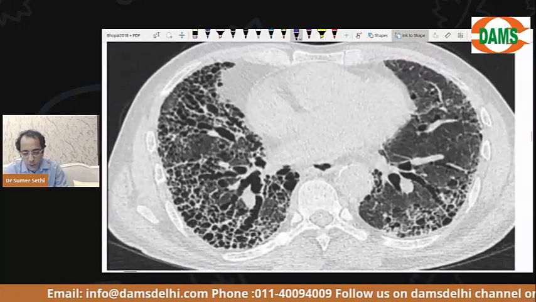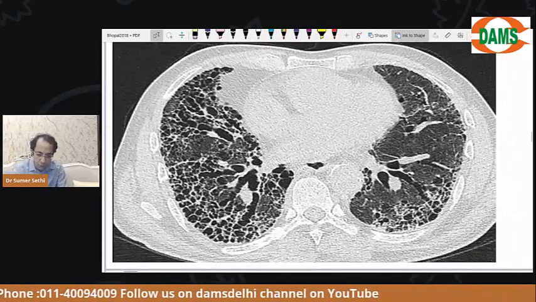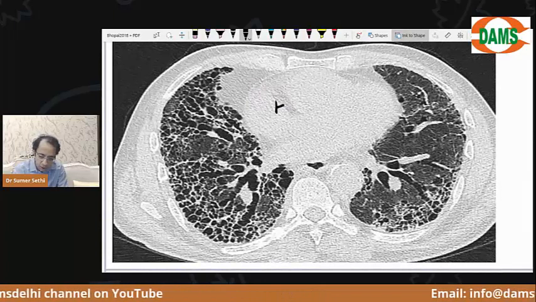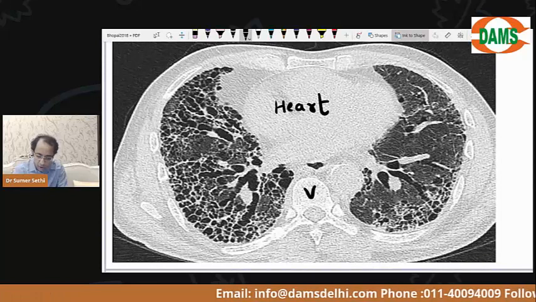Let's try to understand this HRCT. So this is how HRCT would look like. Let's try to understand what we are able to see. This is your heart. This is your vertebra.